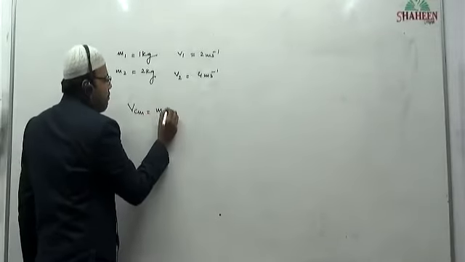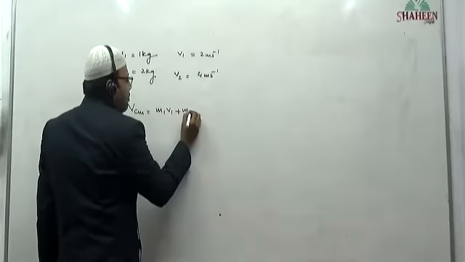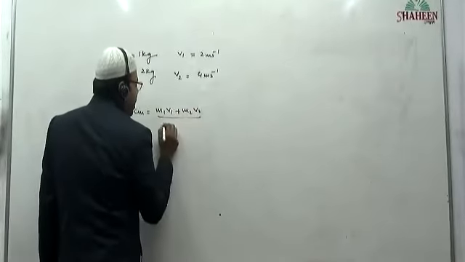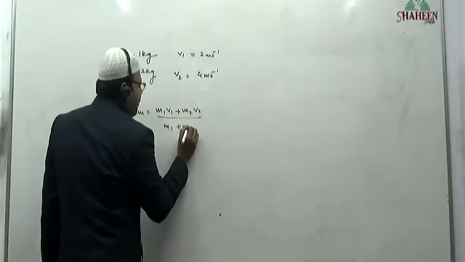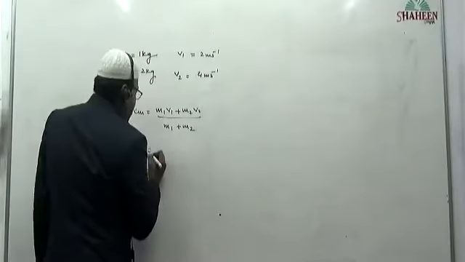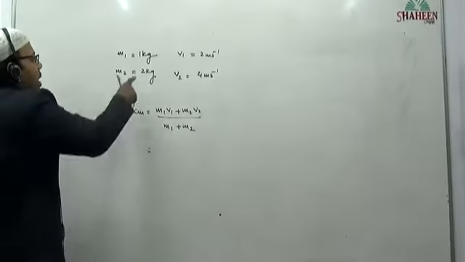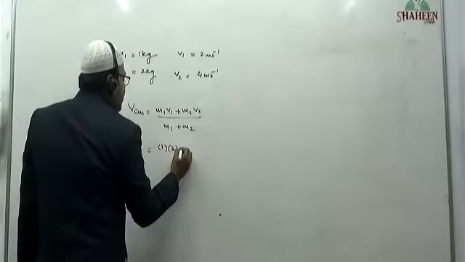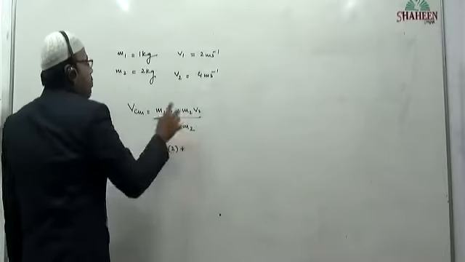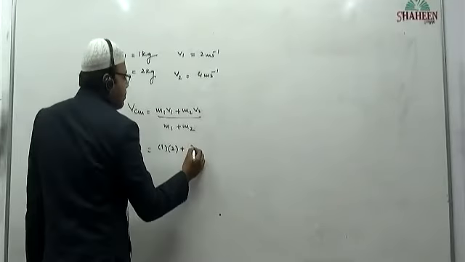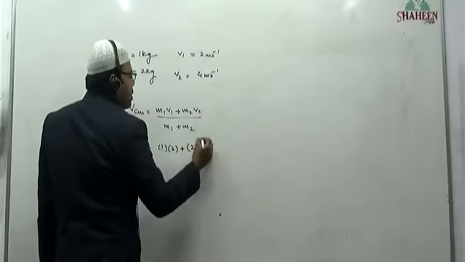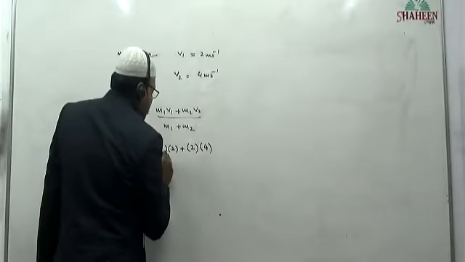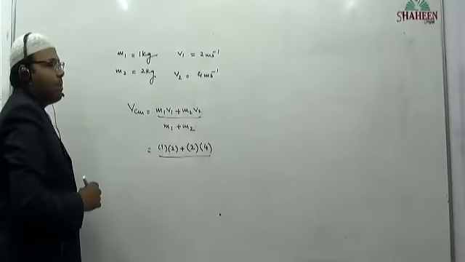VCM is m1 v1 plus m2 v2 by m1 plus m2. So what is this m1 v1? m1 is 1, v1 is 2, plus m2 is 2, v2 is 4, divided by m1 plus m2.